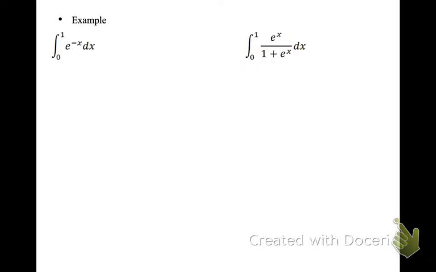So what did you? Negative x. Negative x. Du is negative 1 dx. So we need to add in a negative. I'm so confused. What are you confused about?